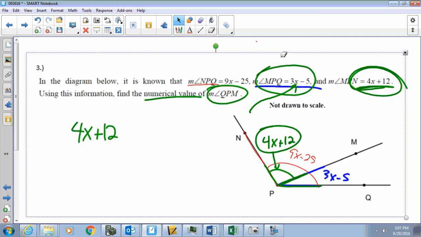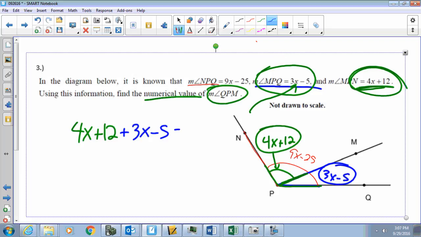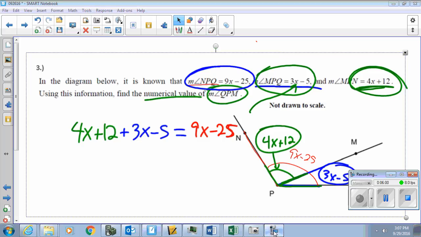And then the other one is NPQ, which is this one. So if you add those together, you get the entire angle, which is represented by that. So now what you need to do is solve that for x, plug it in, so you can do the rest.